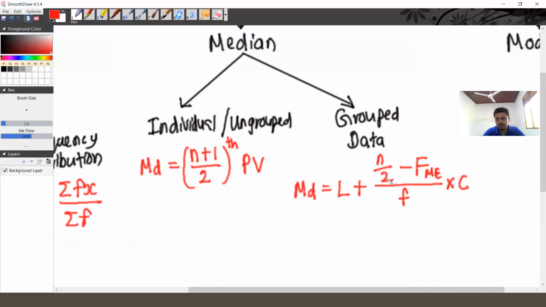N over 2 minus capital F ME divided by simple F into C. So this is the formula that we need to use to calculate the median value of a grouped frequency distribution.